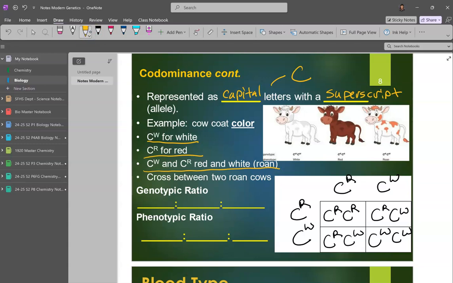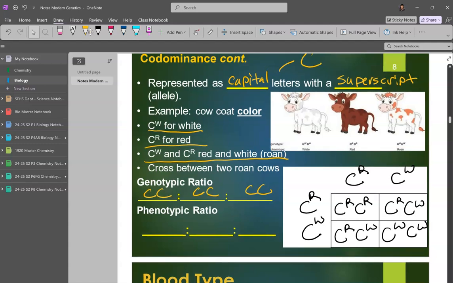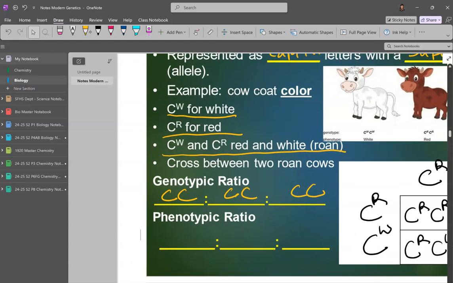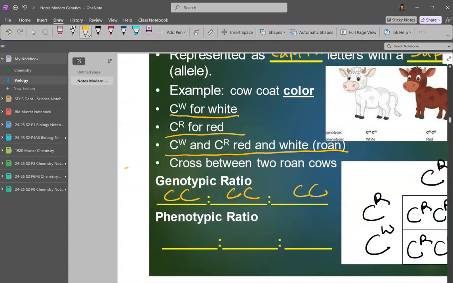And then we're going to do very similarly to what we did in the last example. First of all, for the genotypic ratio, they all have the base letter C. And then, again, we're going to start with homozygous. And we're going to start with the one that has the letter that comes first in the alphabet, which in this case is R. So I would do both of those capital R's, and we have one of those.